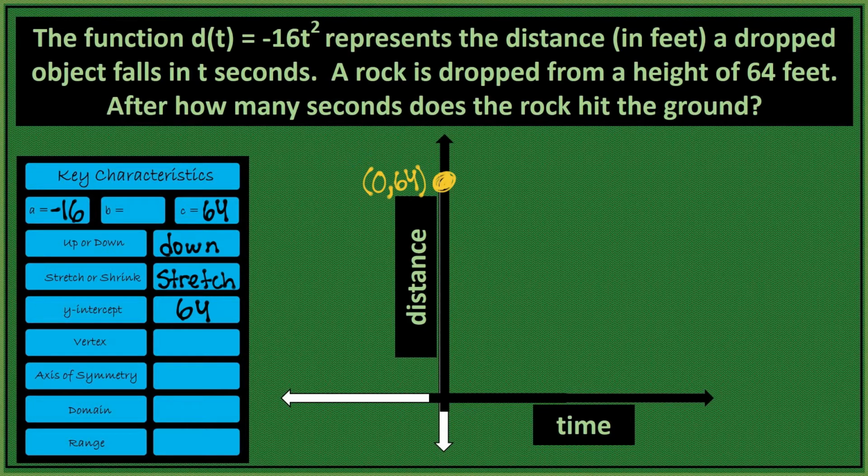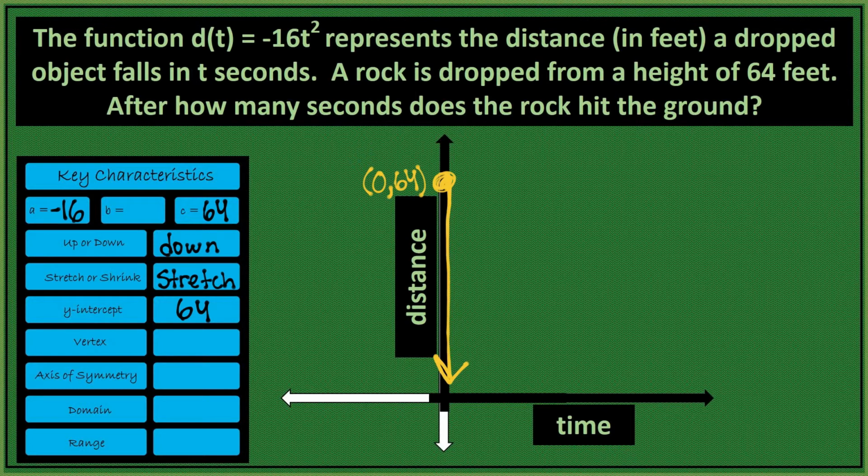Now, where's our vertex? In order to understand this, it might be helpful to think about what this graph is representing. It's representing the distance that the rock falls as time is passing. So some students think that this graph is a movie of the rock falling, and they think that the graph should look like this.